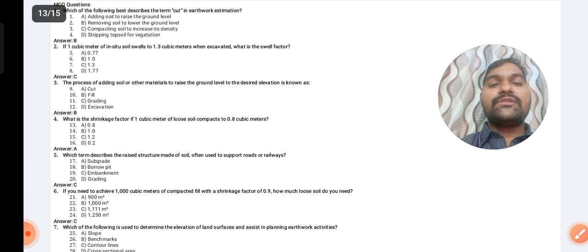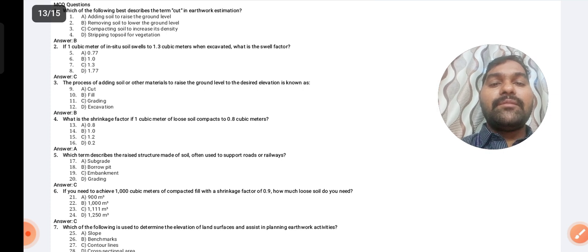And simultaneously, for the shrinkage factor, if you use the formula you get it easily. The term describing a raised structure made of soil, often used for roads or railways, is called an embankment. Just now we discussed that it's an embankment.